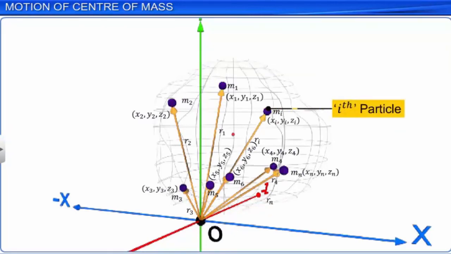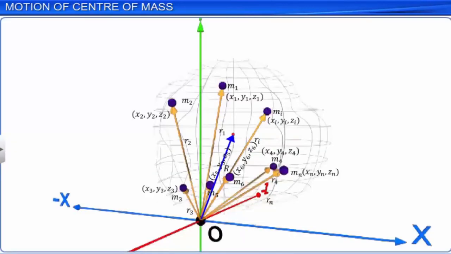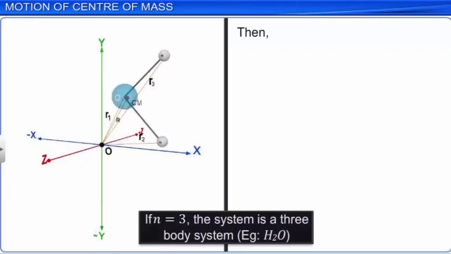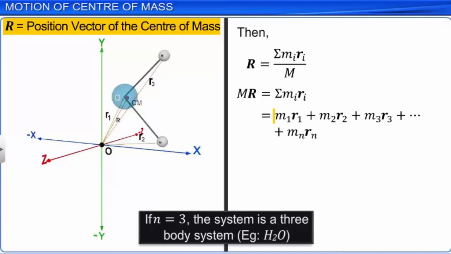In the graph, its position is marked by vector ri, and the center of mass of the given system of particles is denoted as R. Then, R is equal to sigma mi ri by M. MR is equal to sigma mi ri, which is equal to m1 r1 plus m2 r2 plus m3 r3 and so on, plus mn rn.